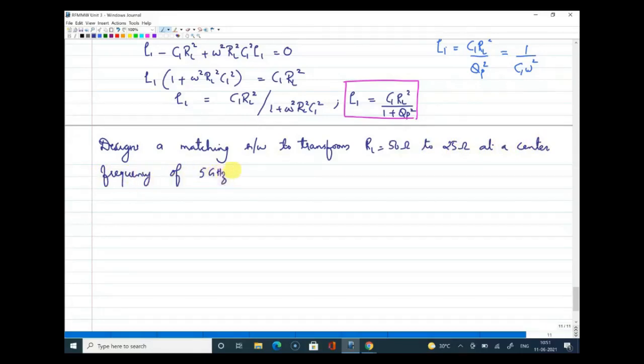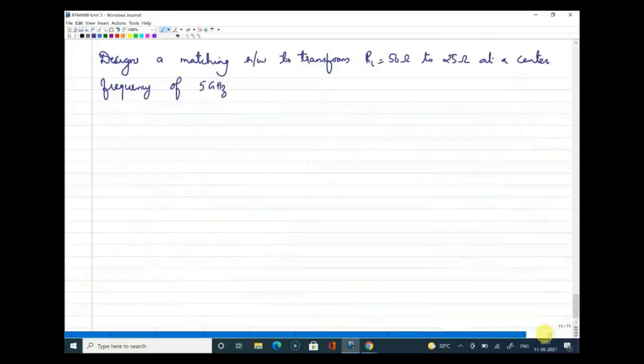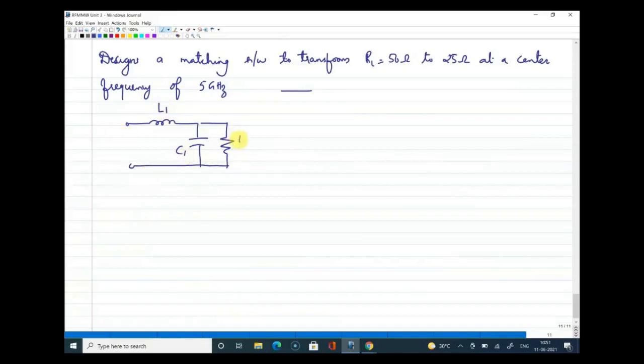So at 5 gigahertz, an RL value of 50 should be seen as 25 ohms. We need to choose the components accordingly. As we have discussed, only one matching network, an L section, you can directly take L section match. So this is what we need to design to get the value of L1 and this C1, and this is RL which is equal to 50 ohms.